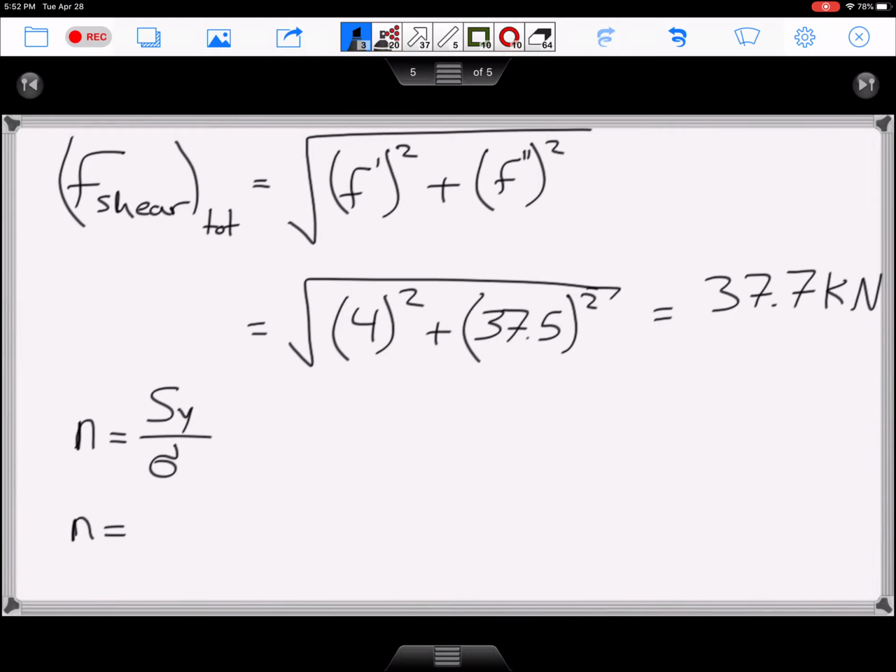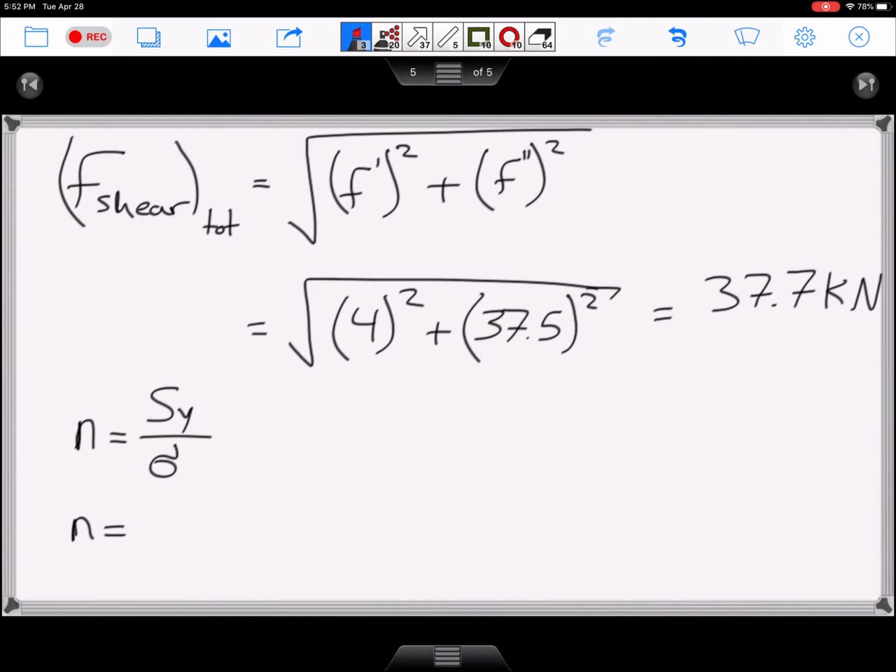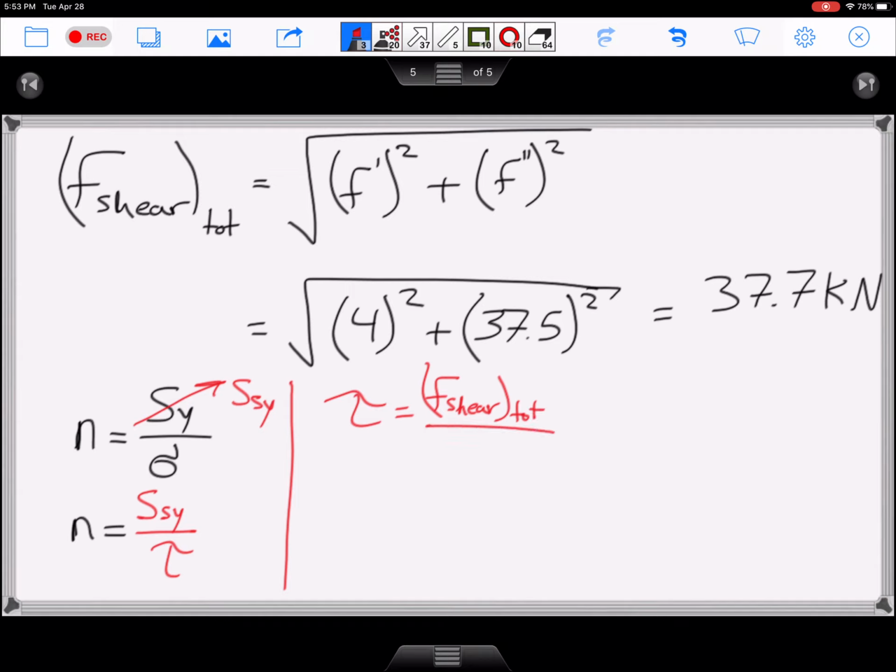So from the previous chapter, we have to convert Sy to Ssy, the yield strength in shear. So yield strength in shear over the shear stress. Let's find the shear stress, which is the total shear force over the area of one bolt.